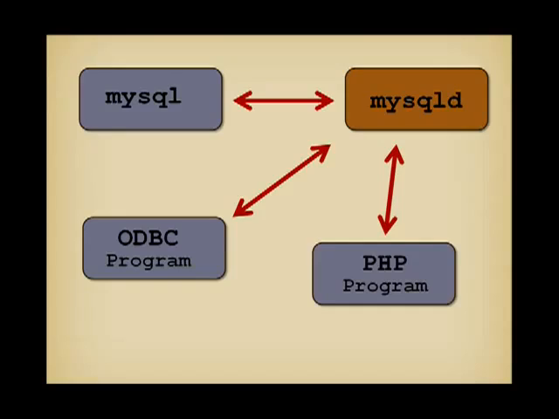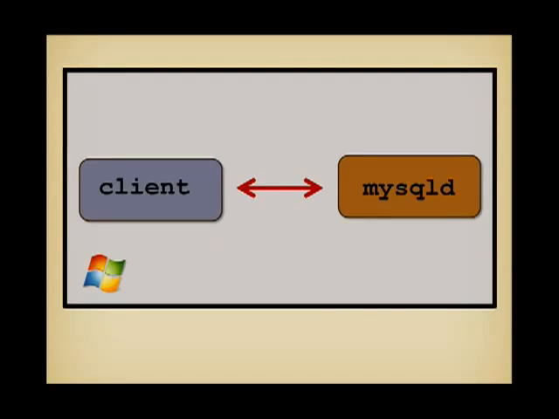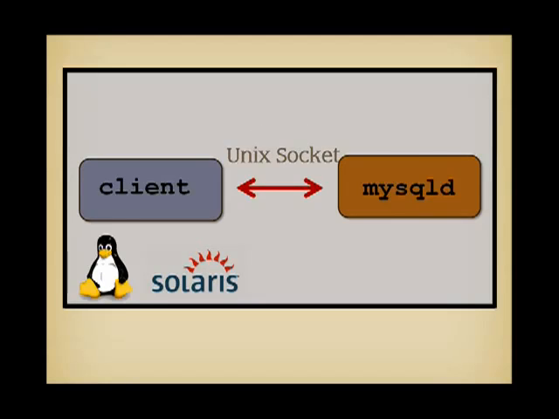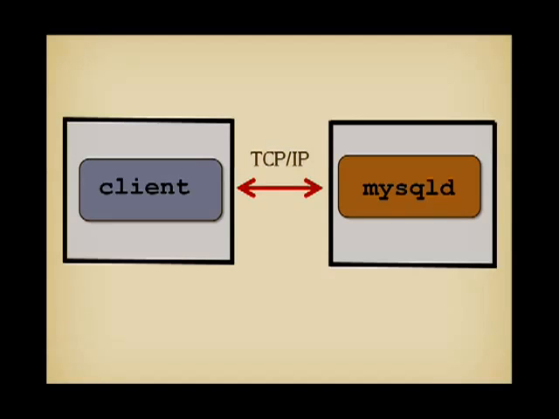Under Windows, local clients can connect using shared memory, NT pipes, or TCP/IP. Under Linux and Solaris, local clients can connect using Unix sockets and TCP/IP. With all systems, remote clients connect through the TCP/IP protocol.